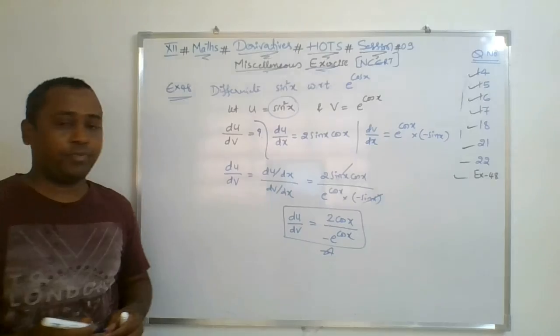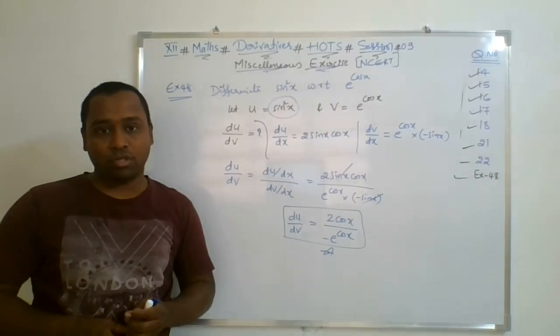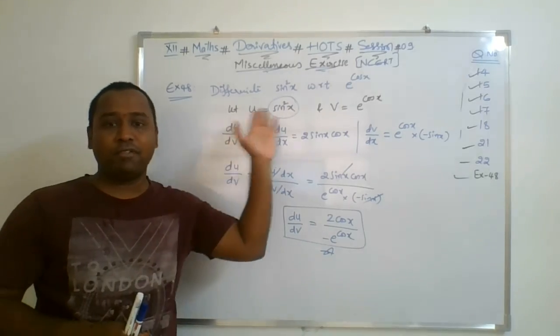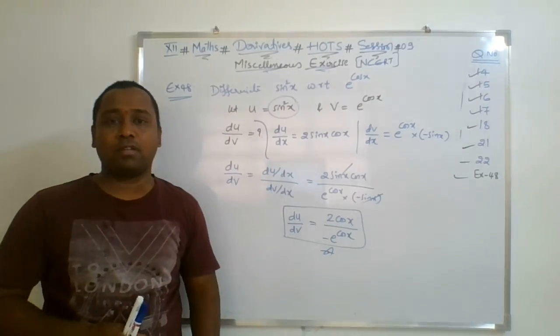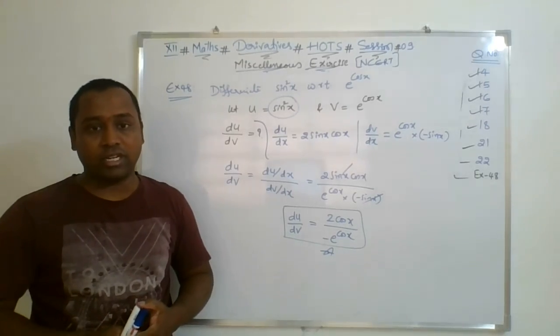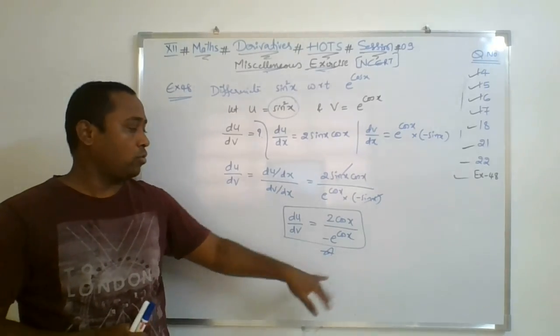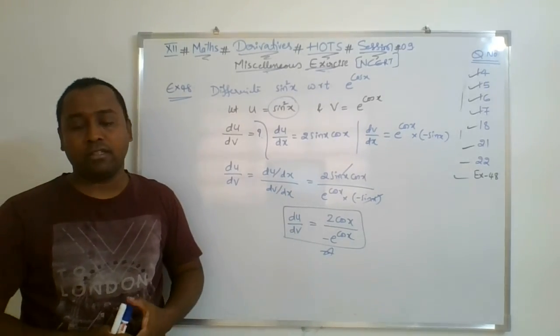This is your answer. So it looks like a complicated one when you are reading the question, how you could do the derivative of one function with respect to another function. It's basically a parametric form of equations being generated, and just go with the parametric form method to get du by dv.